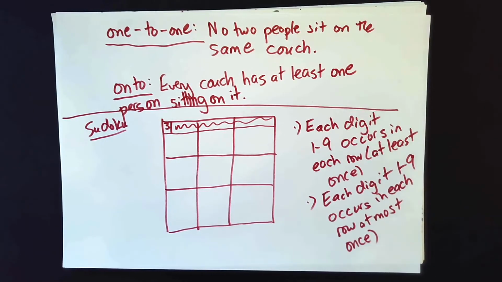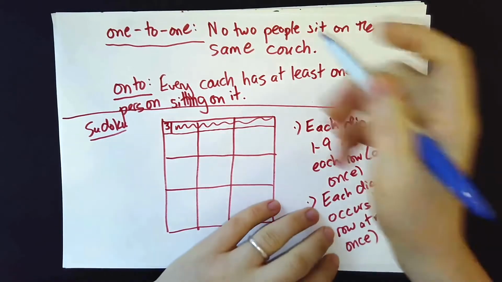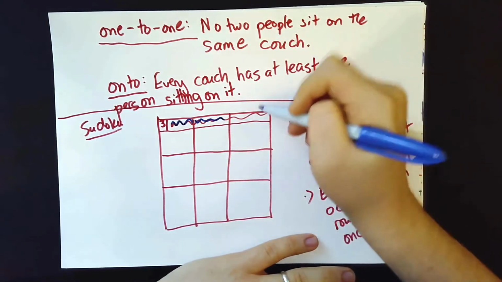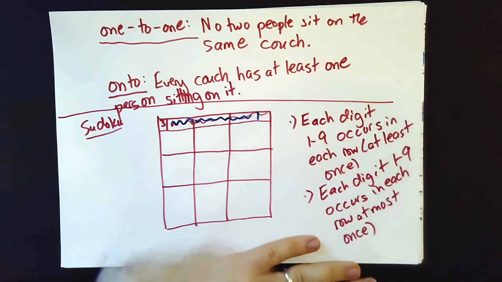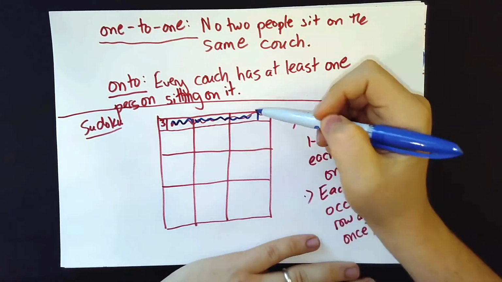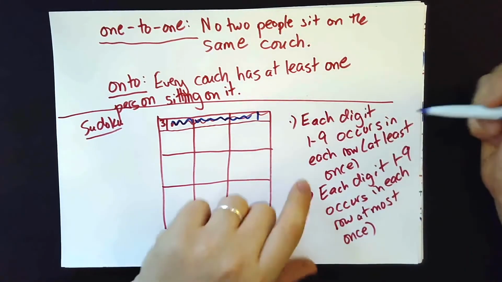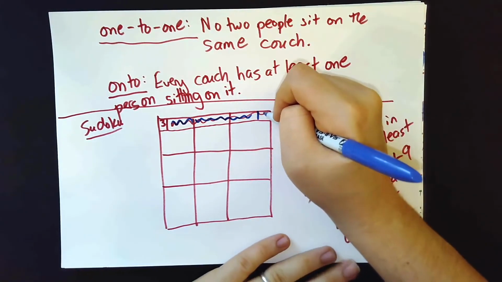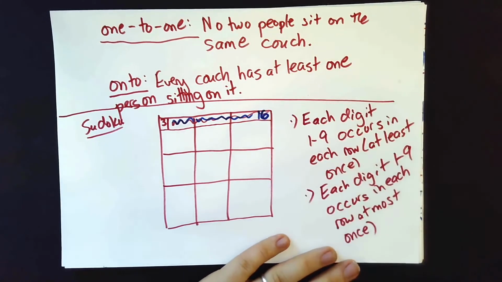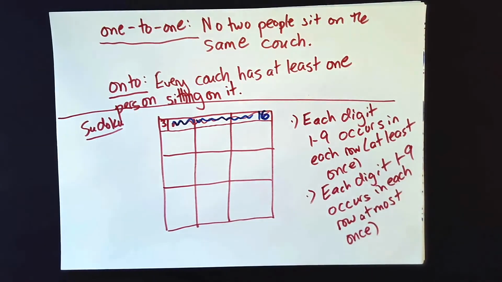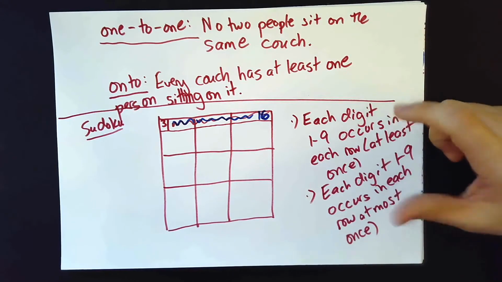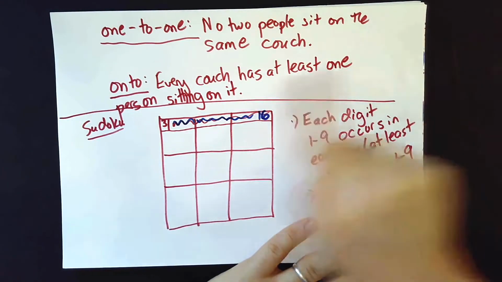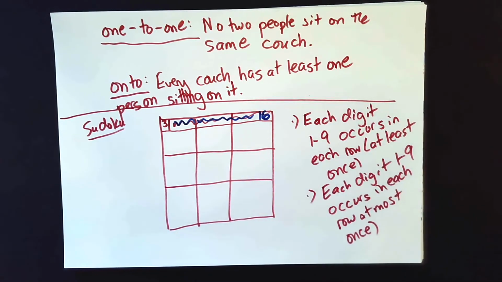Whereas, if I show that there can't be a 6 anywhere in this spot, or this spot, or this spot, so the only place a 6 could go is over here, the first requirement tells me that there has to be a 6 here. These are two very different logical statements: there's at least one 3 in this list of numbers, and there's at most one 3 in this list of numbers.